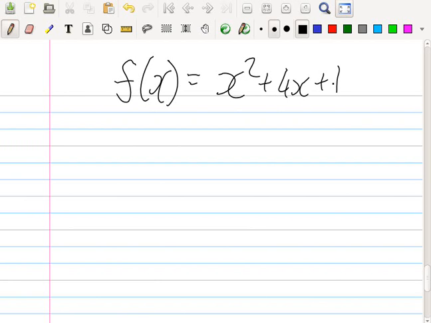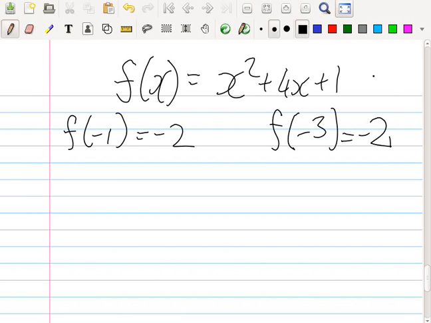So one way you could be finished is saying f(-1) equals -2, and f(-3) equals -2. And then you've shown clearly it is many values to one value.